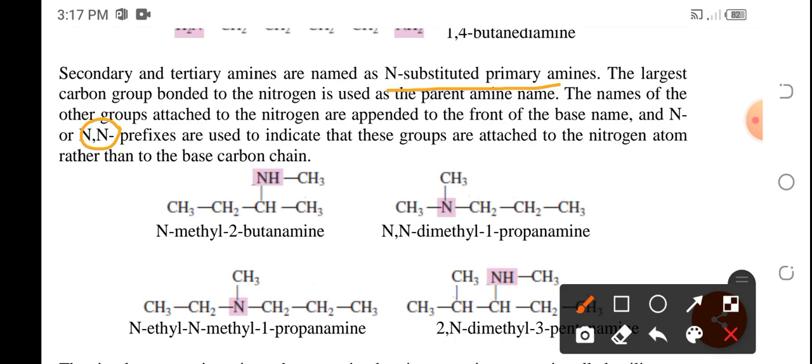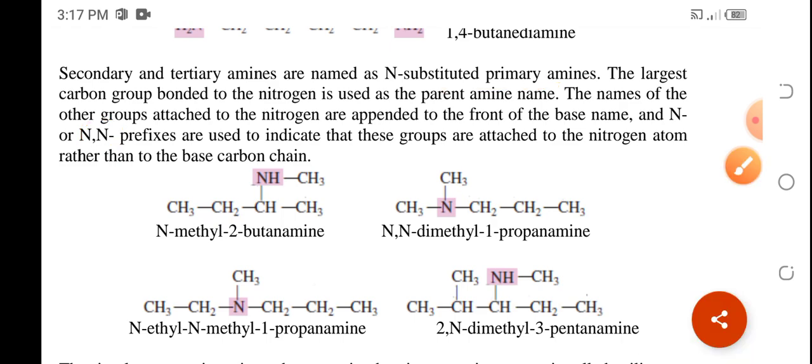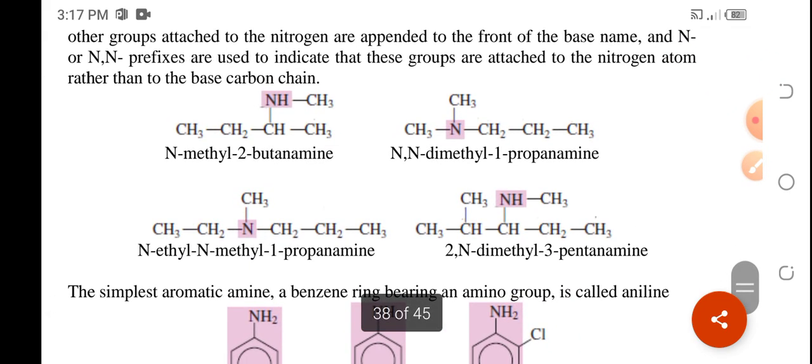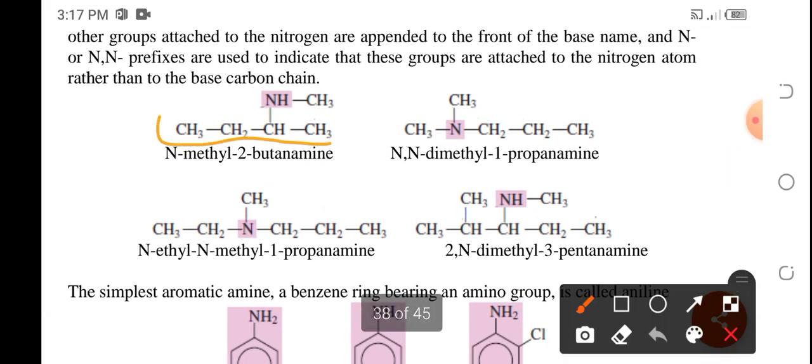So how is this done? For this example, the parent chain is composed of 4 carbon atoms. Eventually, the functional group is attached on the second, so that is carbon number 2.